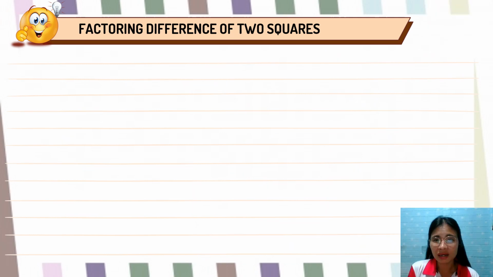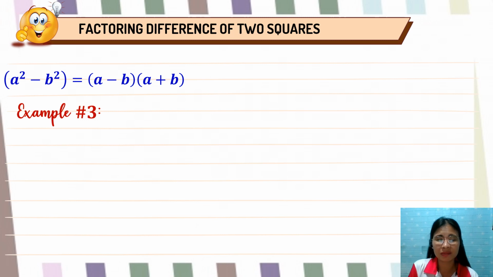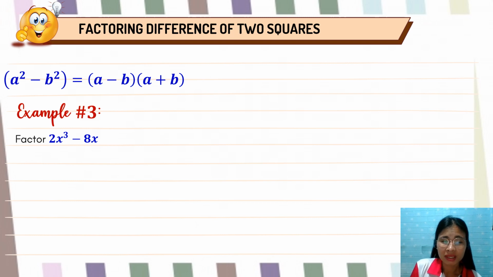Now, let's have another example. Factor out 2x cubed minus 8x. If you've noticed, 2x cubed is not a perfect square, and 8x is also not a perfect square. But we can factor out the common monomial factor. In 2x cubed and 8x, the common factor is 2x.